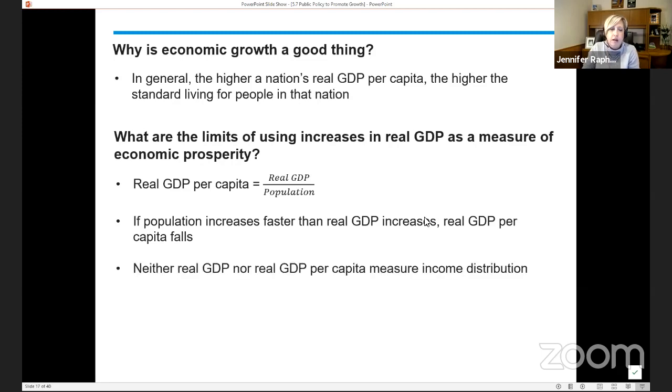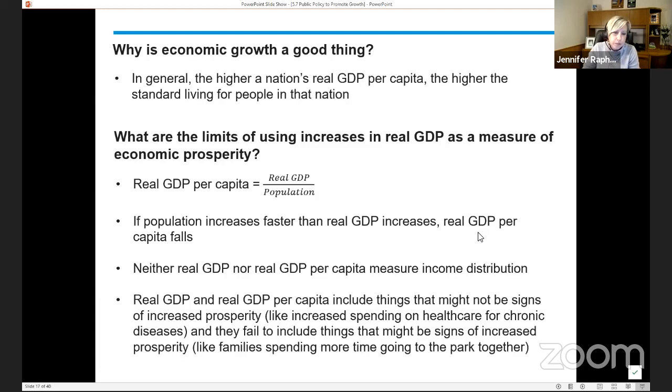So keep that in mind. Keep in mind also that neither real GDP nor real GDP per capita tell us anything about how income or wealth is distributed in a country, and economic inequality, as you may have learned, can have implications for a society. So we don't learn anything about how equally or unequally real GDP is distributed simply by looking at it.